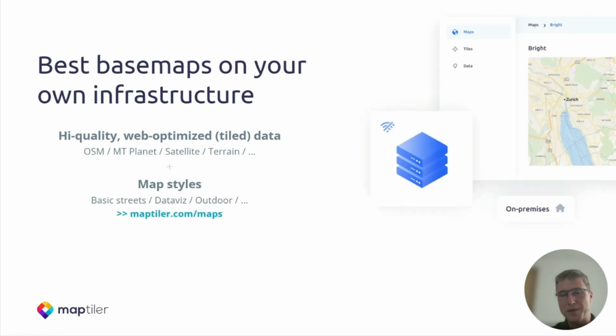It consists of map styles. You can discover the map styles. It's the same standard map styles you can see, for example, on maptiler.com/maps. And then it's the software itself, the MapTiler Server, which is used to serve those maps on your own premises. So this is the basic infrastructure, the basic set of tools you have for serving maps on-prem.